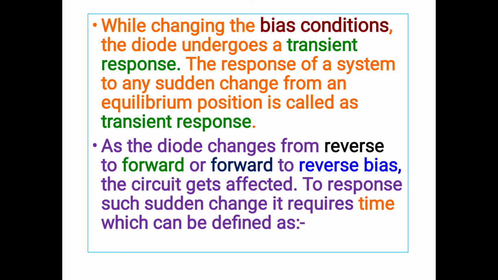Now while changing the biasing conditions, the diode undergoes a transient response. The response of a system to any sudden change from an equilibrium position is called transient response. So when we change the biasing condition of the diode, the diode will be under transient response.